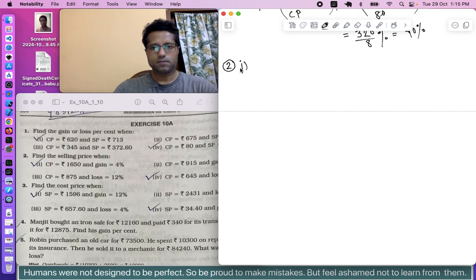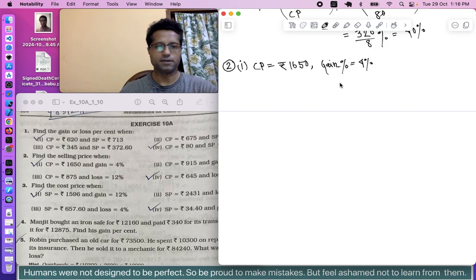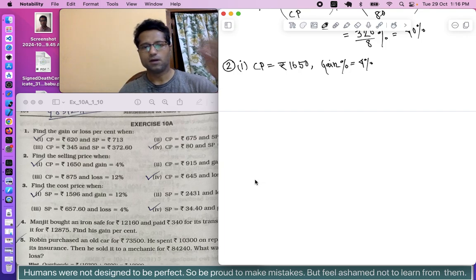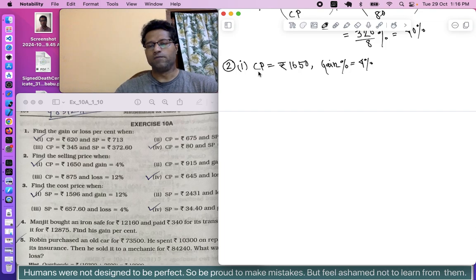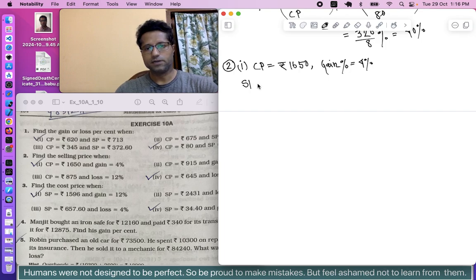Part 1, we have to find the selling price when the cost price is equal to 1650 and the gain percent is given to be equal to 4%. Now how do we find the selling price? When there is a gain, definitely the selling price will be greater than the cost price.